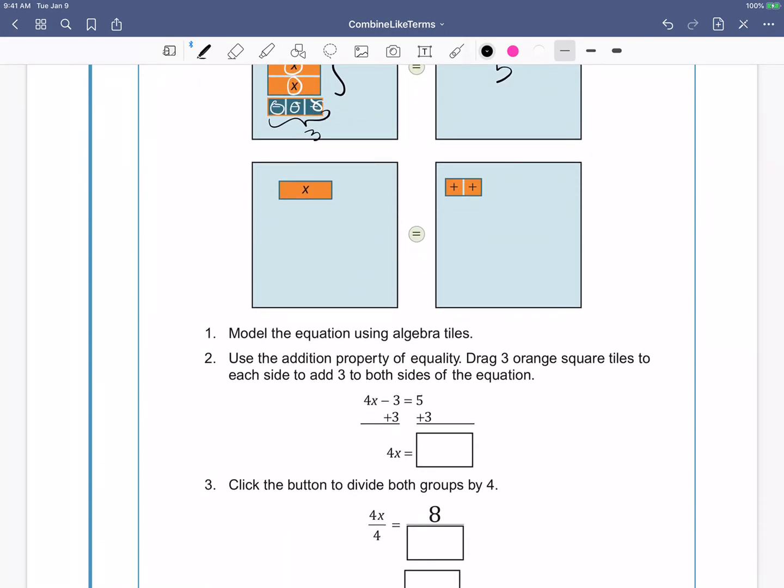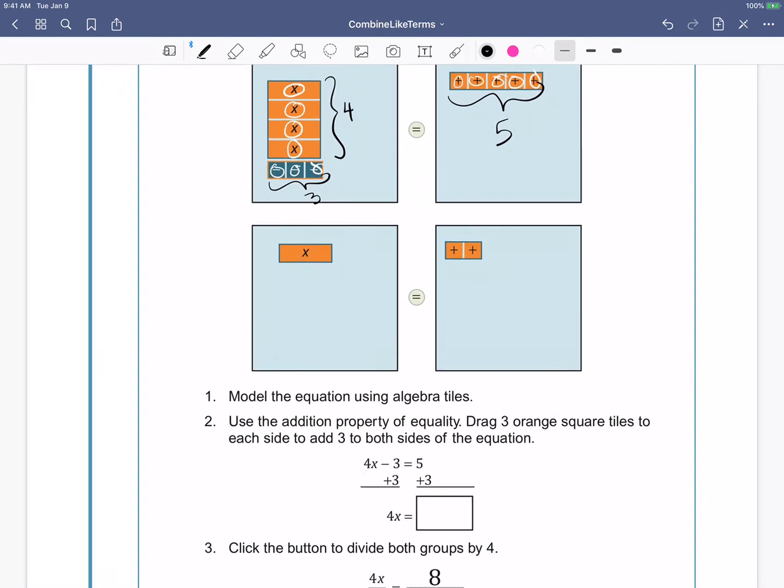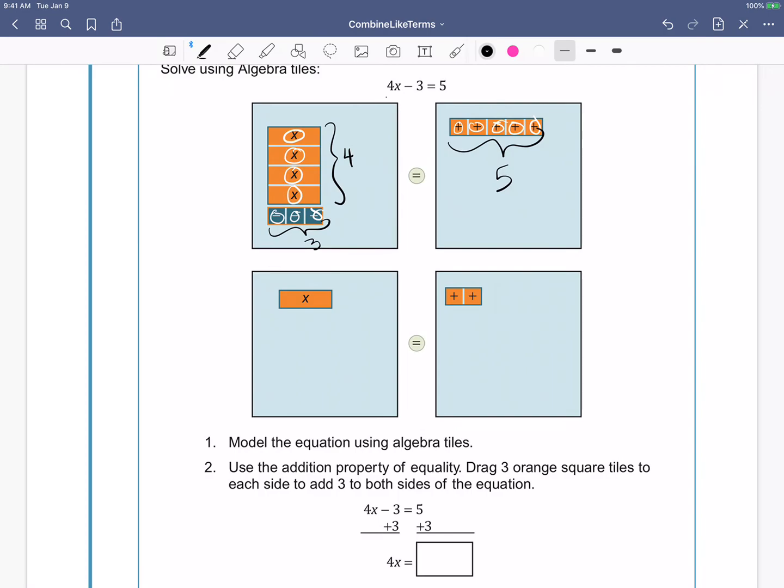So the second is use the addition property of equality. Drag 3 orange squares to each side to add 3 to both sides of the equation. Okay, so that means I need to draw. Right, I want to cancel out this 3. Let me see if I can get an orange. Here we go. I'm going to draw 3 orange blocks over here.